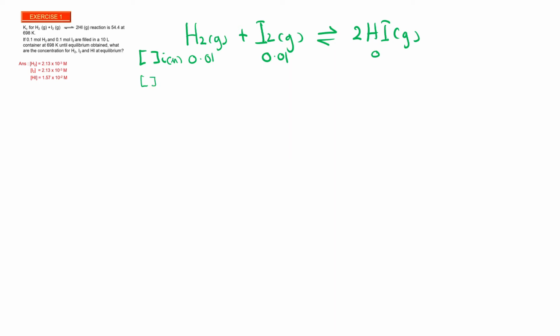So the concentration change is minus x, minus x, plus 2x. So the concentration at equilibrium is 0.01 minus x, 0.01 minus x, and this one is 2x. Now we have the concentration for each reactant and product, so from here we write the expression for Kc.